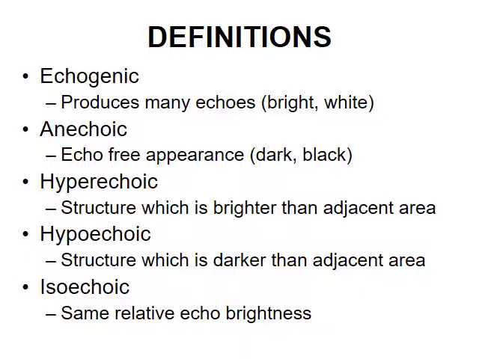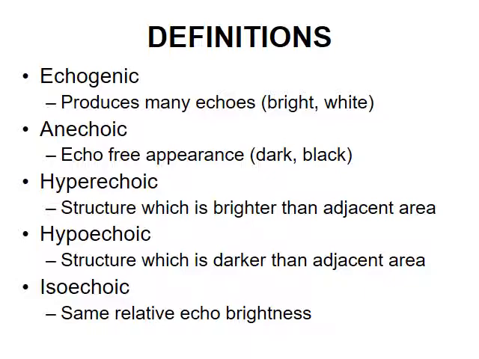Now the little trick I remember to discern between these two is the hypo, the O for low, is how I remember it. Hypo, O for low, so it's darker. So a hypoechoic structure is darker, a hyperechoic structure is lighter. Now, what if I've got structures A and B that are the same brightness?